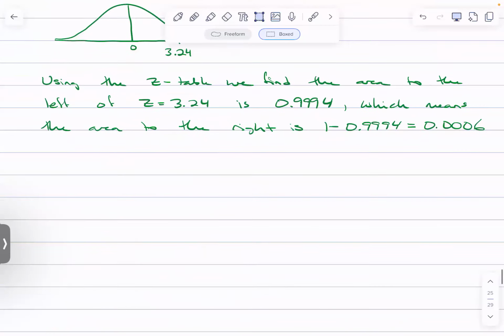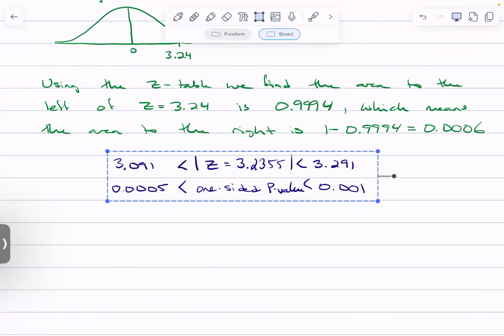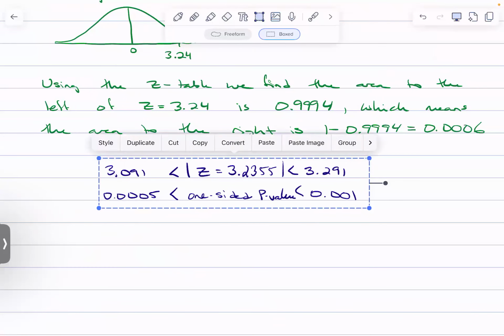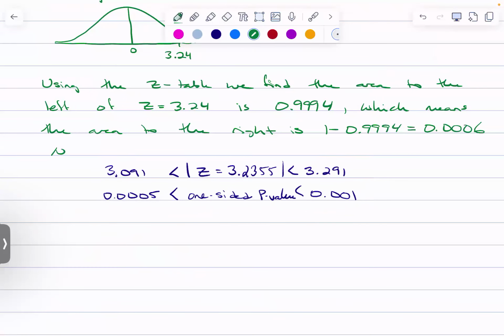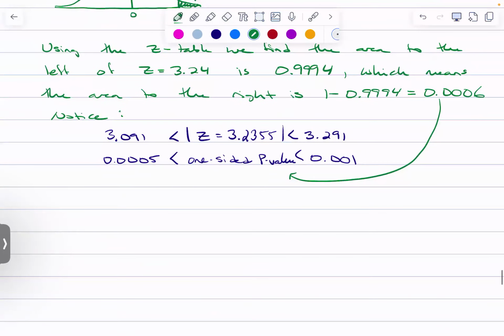So here, notice that this is between 0.0005 and 0.001. All of those are really small. And what's the rule? If the p-value is small enough, then you reject H naught.